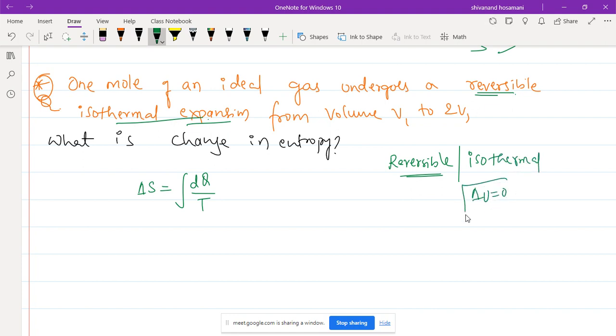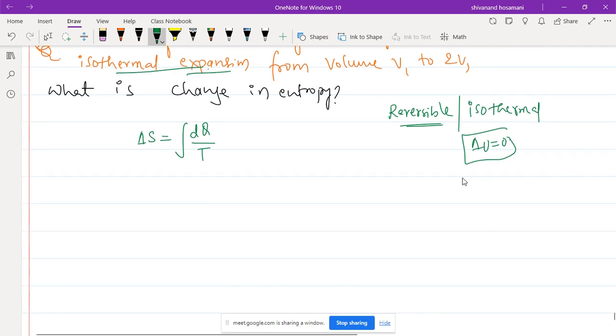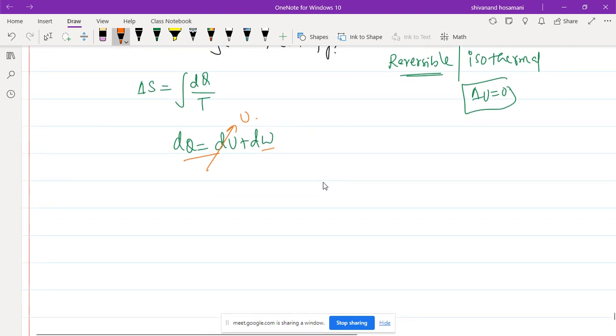According to thermodynamics, we can write dq is equal to du plus dw. For work done, another isothermal and reversible, therefore it is going to be 0. I am left with only delta q and delta w, therefore I can rewrite the same delta S as integration over dw divided by T, from v1 to v2.